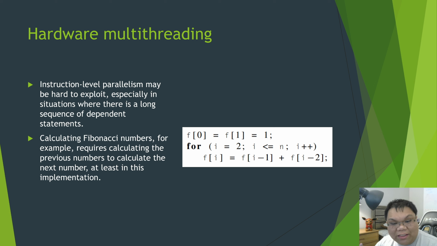Once again, there is a way to calculate the 21st Fibonacci number without doing recursive calculations, but my point is to demonstrate dependent statements, where the result of one for loop iteration contributes to the result of the next for loop iteration.